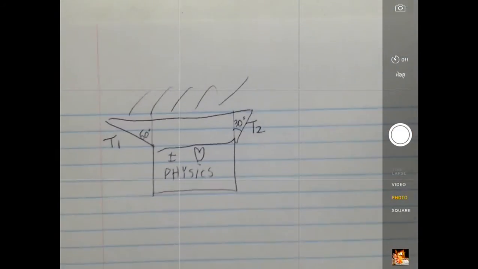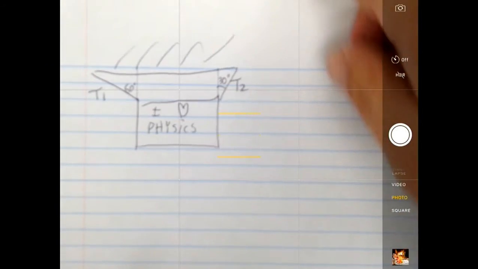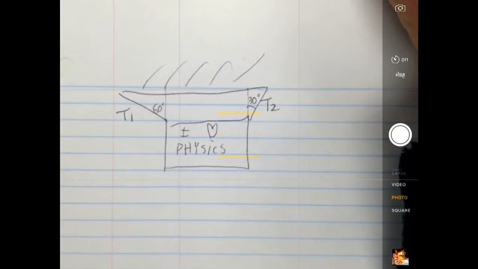And this time, tension 1 is at a 60-degree angle, and tension 2 is at a 30-degree angle. Now, I'm sorry, you couldn't see what I'm doing. Now, the two tensions are not going to be the same value.